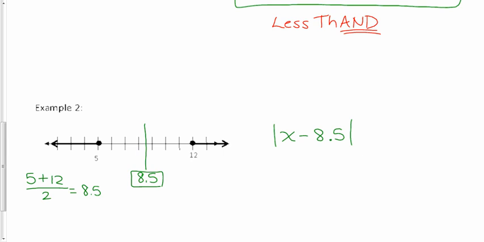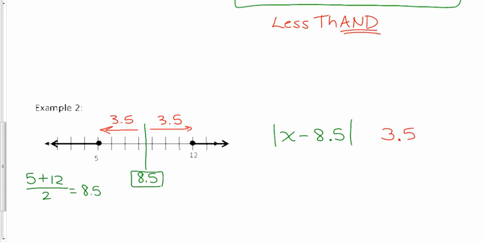Next, I need to look at the distance I go out from 8.5 to get to 12 and 5. If I just do a subtraction or count, that's 3.5 units in either direction. So the right side of my inequality is 3.5.